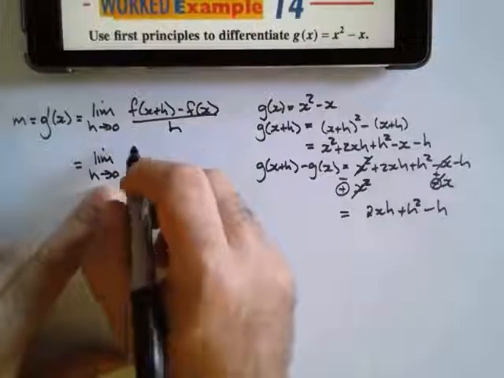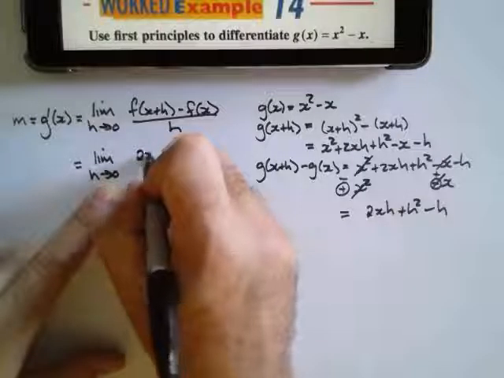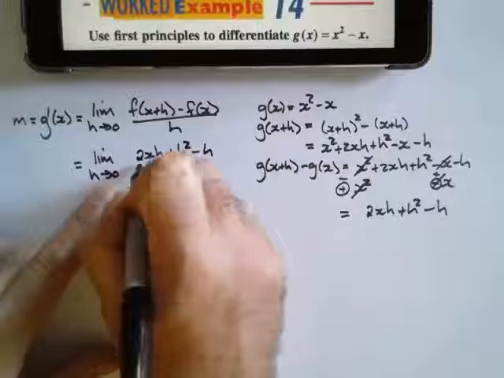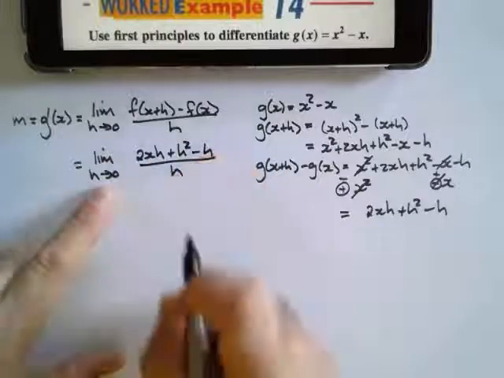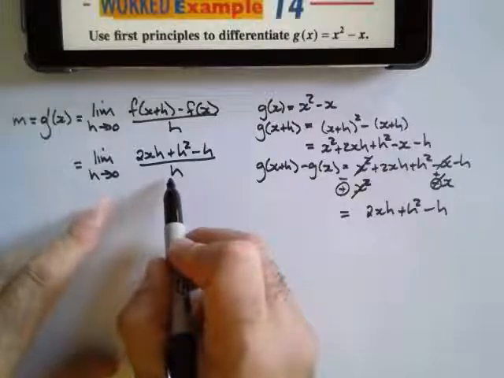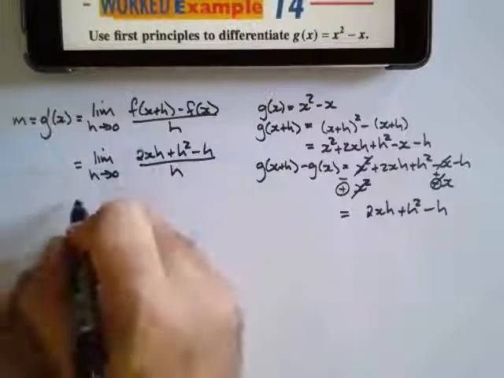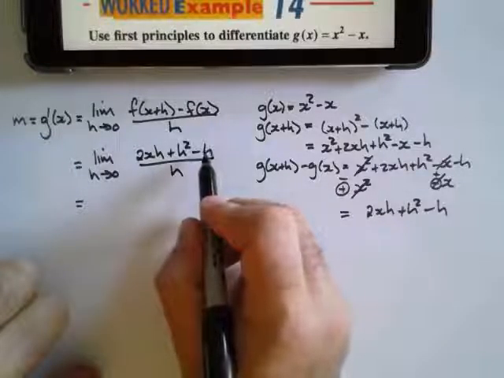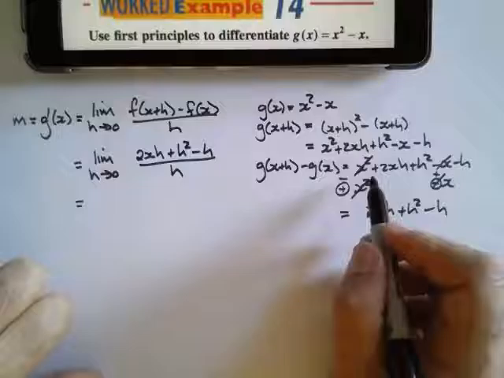So this goes in here: 2xh plus h squared minus h, divided by h. I still cannot substitute 0 because I'm not allowed to divide by 0. At this stage, after you've done this, there should be an h in every term. Otherwise, you've made a mistake.